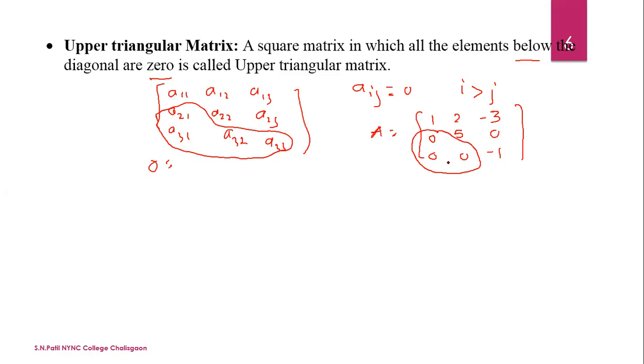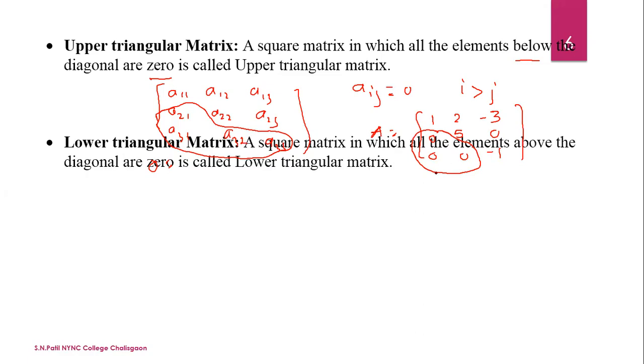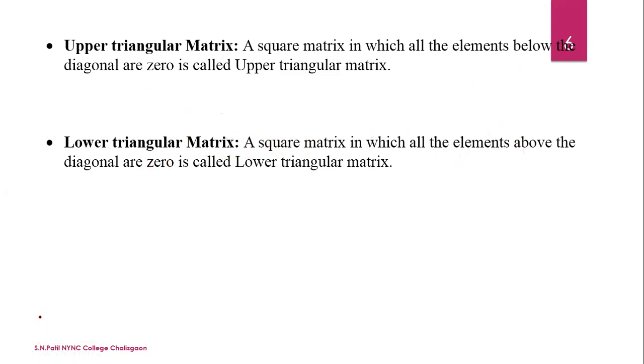Similarly, for lower triangular, in lower triangular, the elements above the diagonal are 0. That is, Aij is equal to 0 when i is less than j.